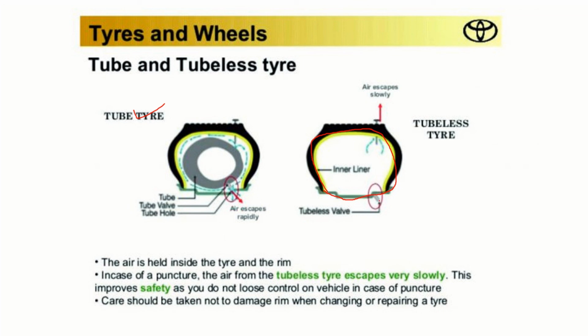If some puncture happens, automatically this gets locked up like this, so the air is held inside the tire and rim here. In case of a puncture, the air from the tubeless tire escapes very slowly. This improves safety as you do not lose control of the vehicle in case of puncture. Care should be taken not to damage the rim when changing or repairing a tire. These are the tubeless tire advantages compared to this.